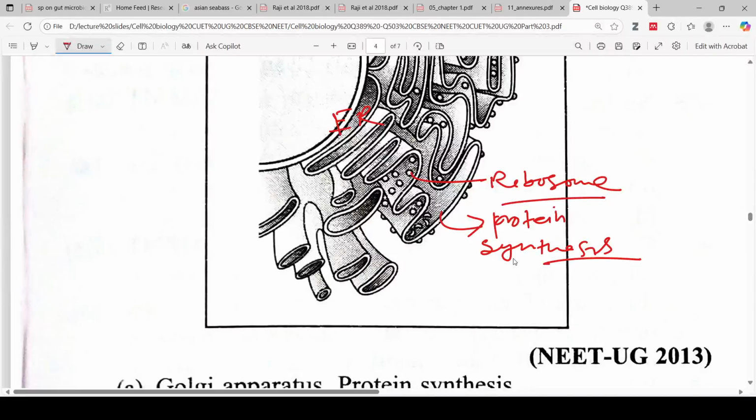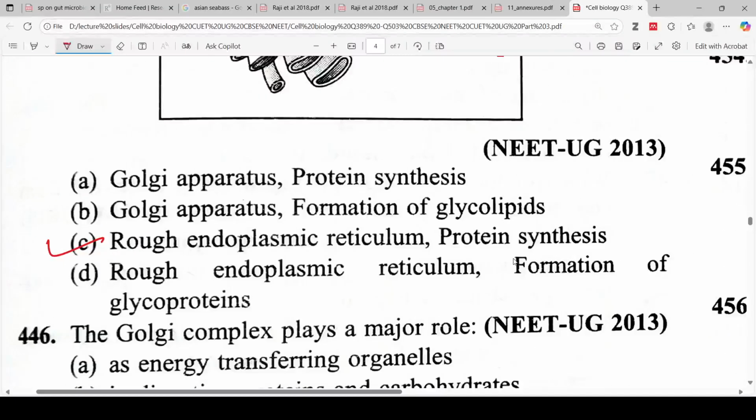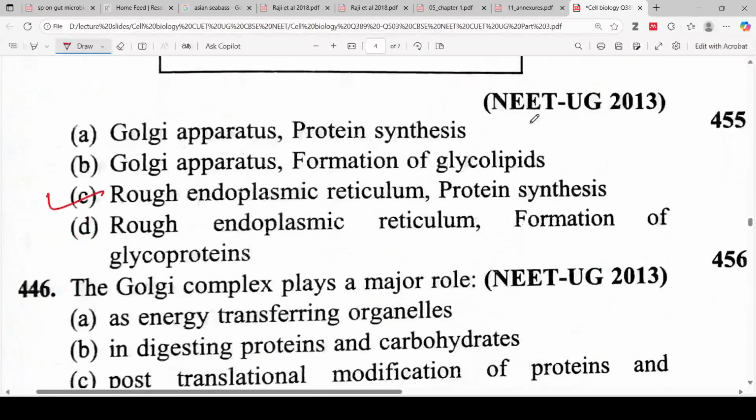So the correct answer will be rough endoplasmic reticulum. Next question.